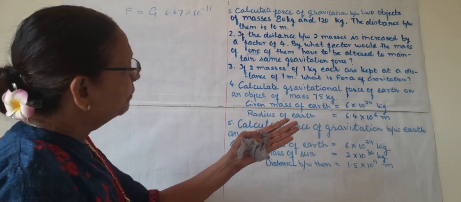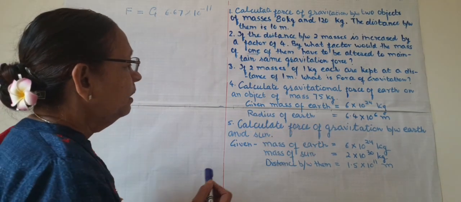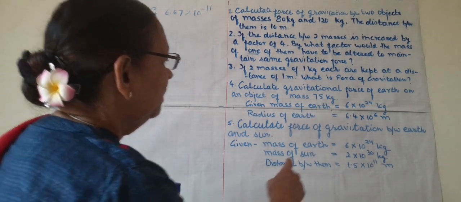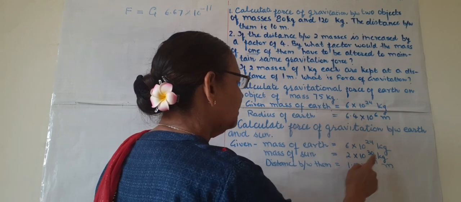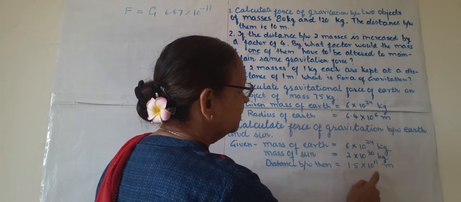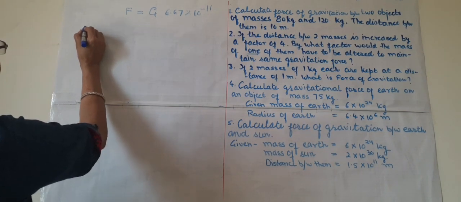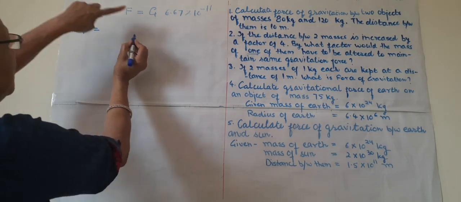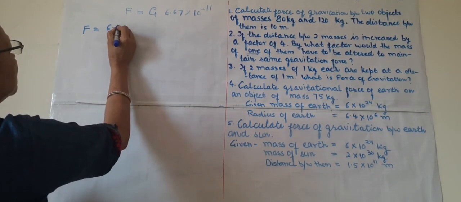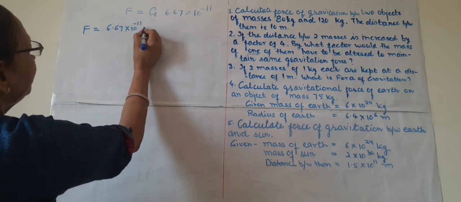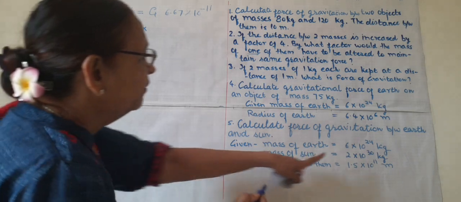Calculate again the force of gravitation with the same formula between Earth and Sun. Earth is the same, mass of Sun is this, and the distance between them is this. So we will write force is equal to G. G is 6.67 into 10 raised to power minus 11 into M1.